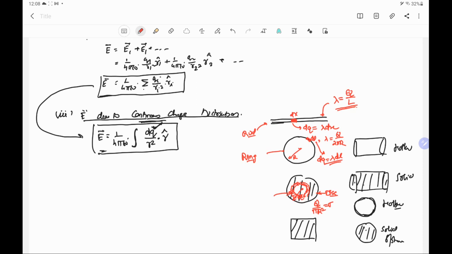So this radius is r and thickness of this ring is dr. Then we can say area dA will be equal to 2 pi r, that is the circumference of the elementary ring, multiplied by its thickness, that is dr. Then elementary charge dq will be the area 2 pi r dr multiplied by surface charge density sigma, that is equal to 2 pi r dr into sigma, where sigma is q by pi R square. In a similar way we can do it for other cases.